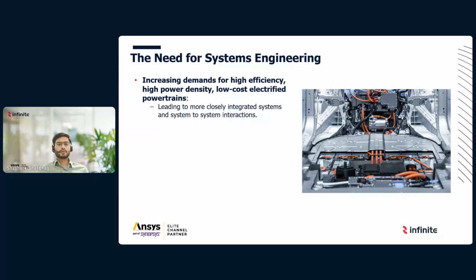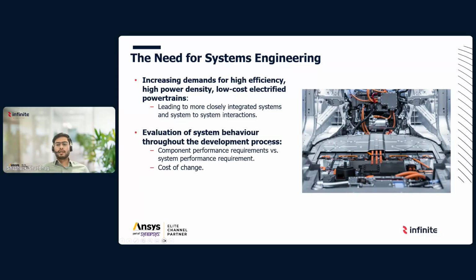It becomes more and more important that the other components in the system are analyzed along with the machine itself, so the evaluation of the system needs to be done throughout the development process, by looking at each individual component's performance, and then looking at how those fit in an overall subsystem and get a top-level view. Also, the constant cost reductions and efficiency improvements required for shorter development cycles, consideration of NVH and reliability issues, are all coupled with increased integration of the electric machine within a complete system.